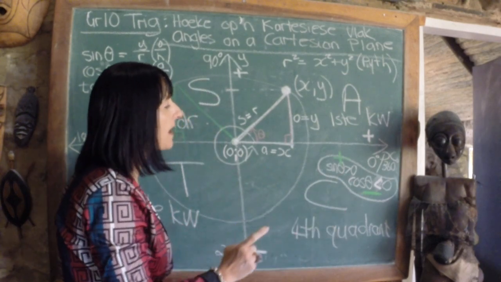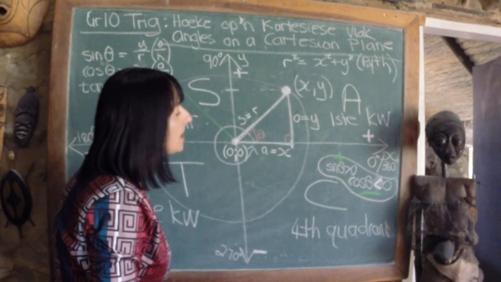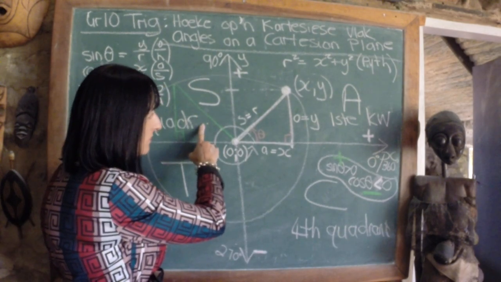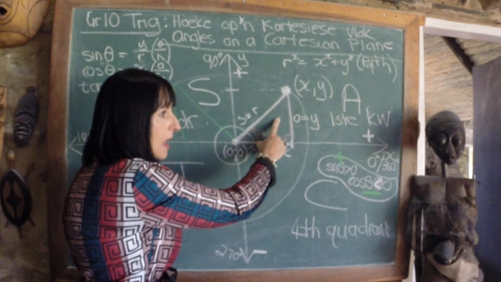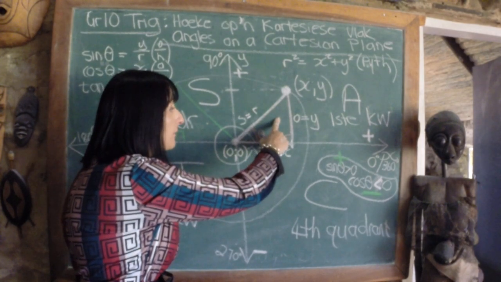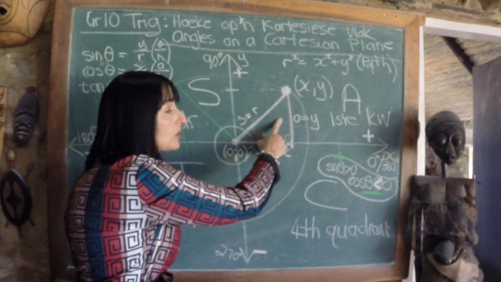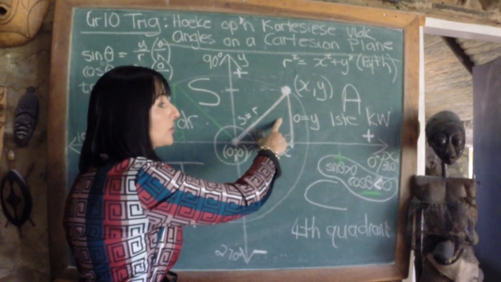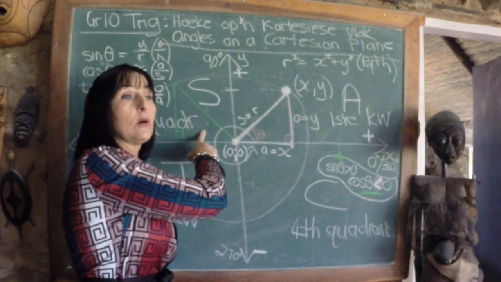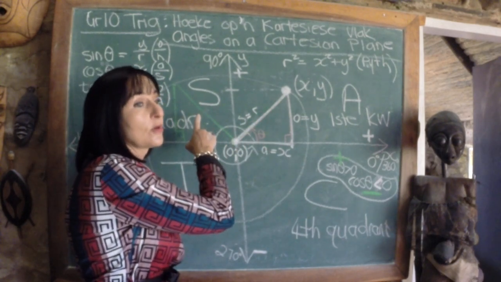The only place where the sinus is positive is in this quadrant and in that quadrant. But in what quadrant will cos be negative? In that quadrant, cos is positive, so it's not going to work there anymore. But in that quadrant, cos is now negative, so that's the one.